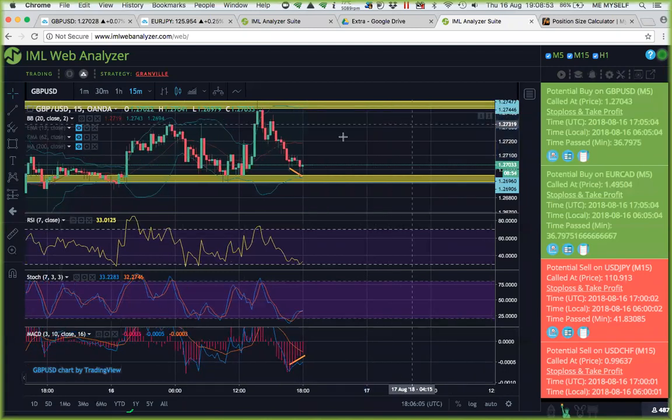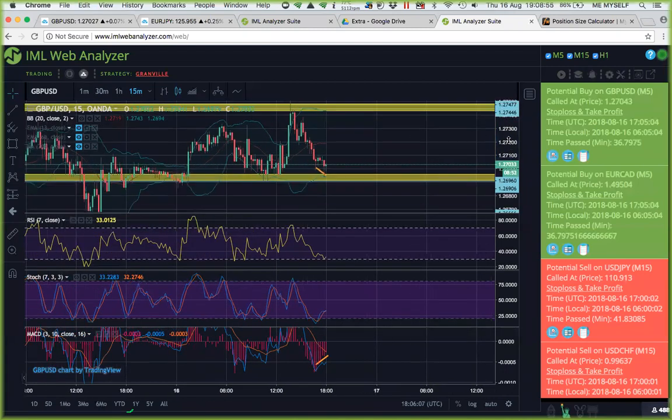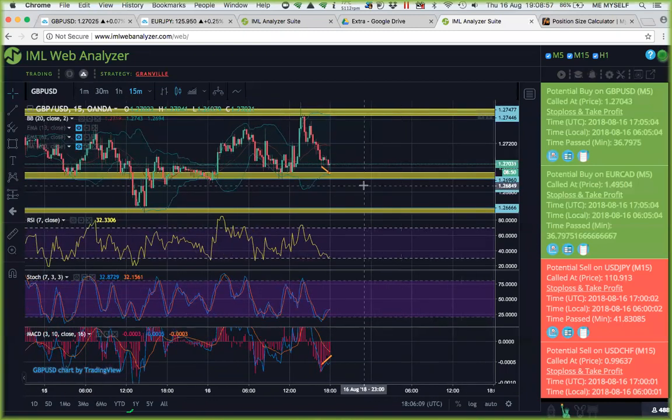So not bad. Just keep in mind that GBP USD is trending downwards based on how we did our top-down analysis. The main trend is downwards. It doesn't mean that you can't take trades against the trend, but you just have to be aware that the trend is downward.